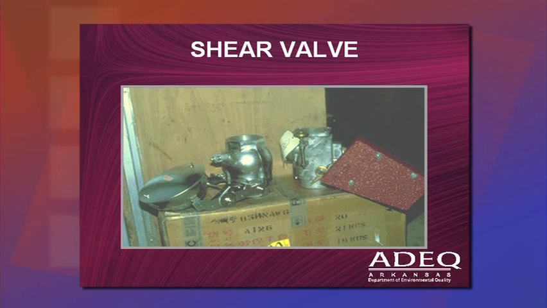And when these valves shear, they automatically close the valve at the bottom of your dispenser. So they work similar to your automatic and electronic line leak detectors in that they shut down the submersible turbine pump head, whereas the shear valve will actually close that valve.